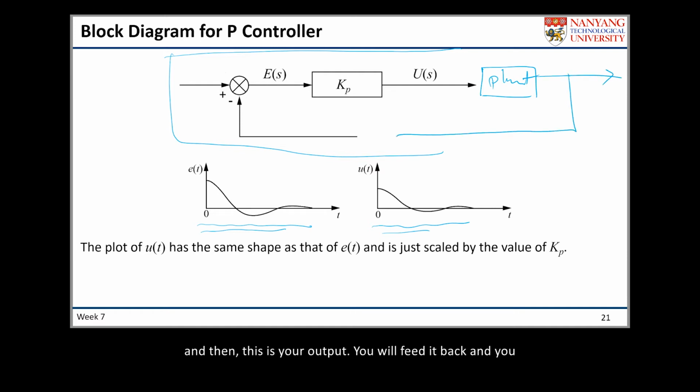You will feed it back and you have a sensor here. Of course, if you have a unity feedback system, this part will not be there, and then you will have a unity feedback system here, right? So this is how we use a P controller in controlling our system.